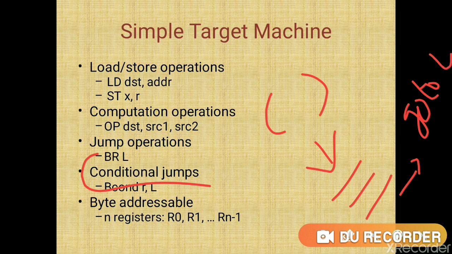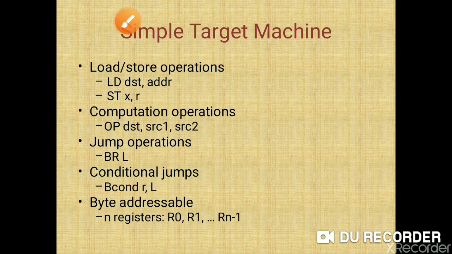If it is satisfied, you jump to that label. That is a conditional branch to a label. And we already said the target machine is byte addressable with n general purpose registers varying from R0 to Rn-1.